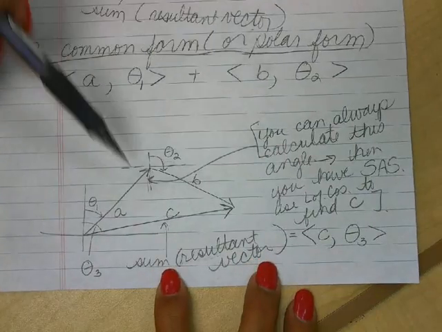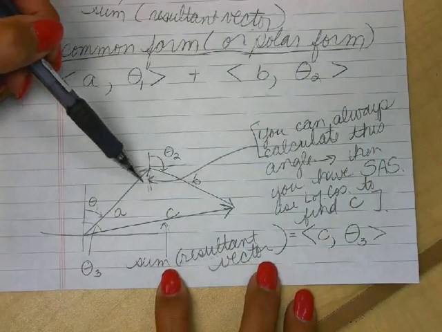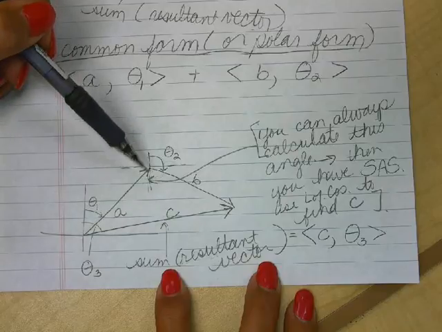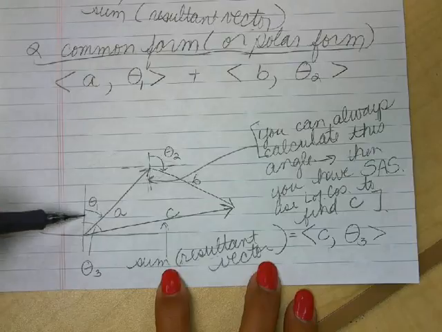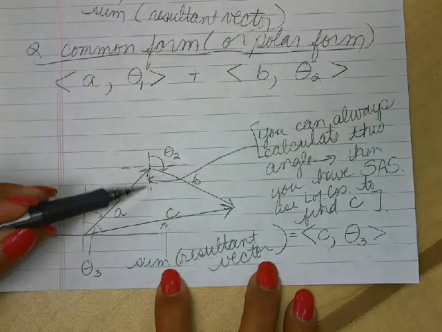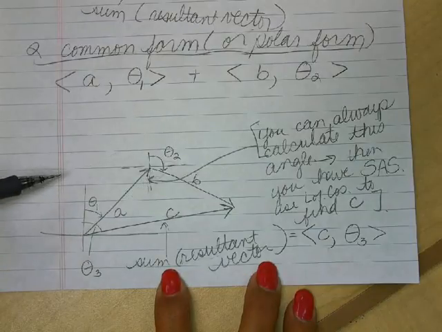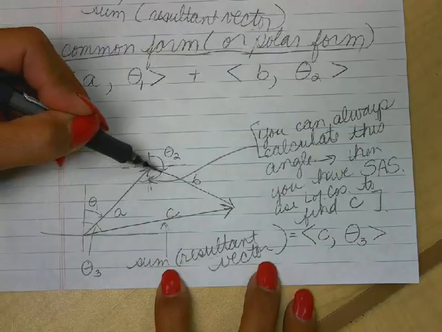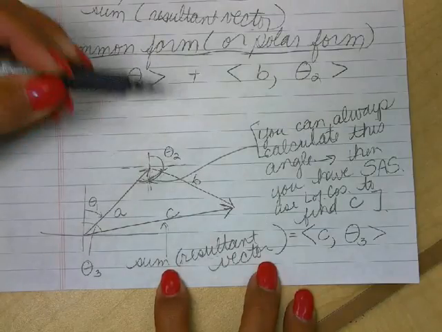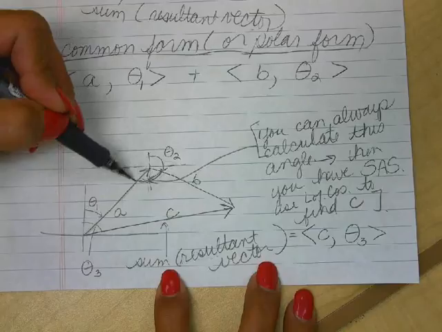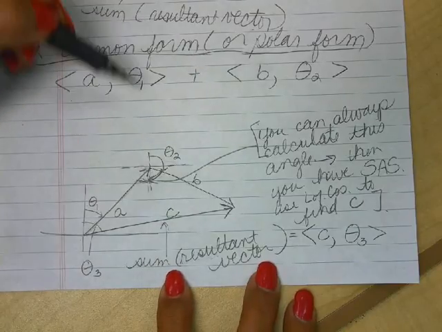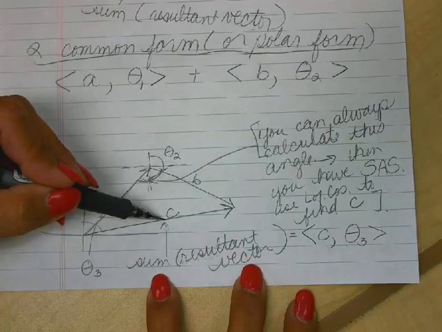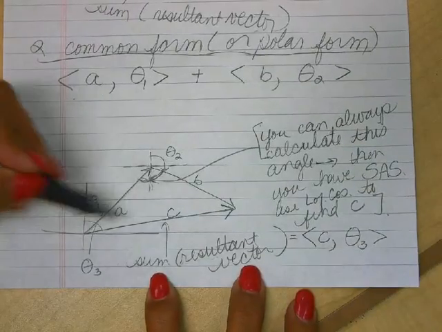And I just made an arbitrary angle of theta sub 2. You will always be able to calculate the angle that is formed between these two vectors. You will always be able to do this with piecing together the values that are given. You may be using some corresponding angles, a little subtractive process, but you always have enough information to determine this angle. And when you do, you have a side and an angle and a side, which will allow you to use law of cosines to find the magnitude of the resultant vector.